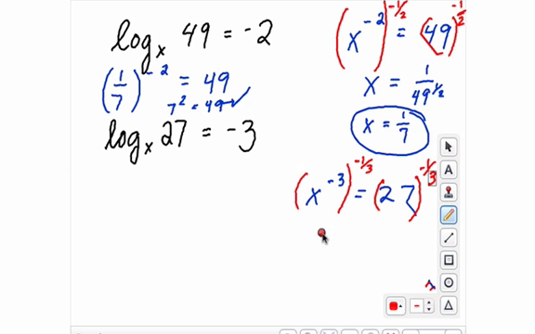So this is going to give you x equals 1 over 27 to the 1/3 power. We're basically looking at the third root of 27. What number multiplied by itself 3 times gives me 27? The answer is 3.